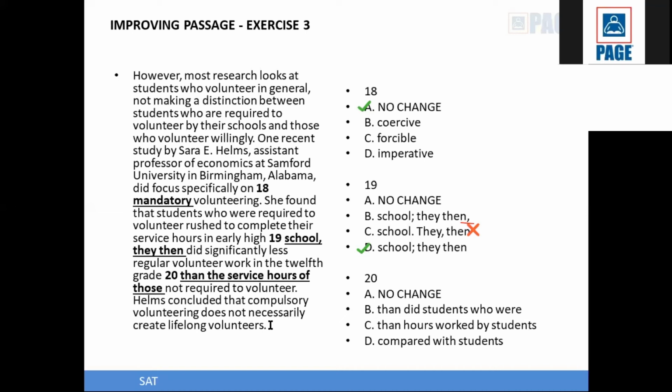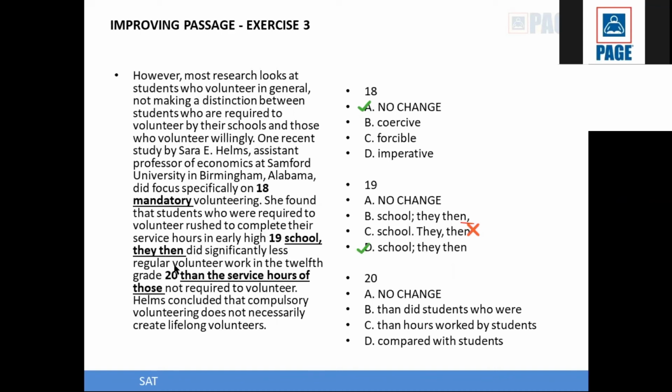It can't be A, because after comma, if you have a pronoun, then the first part itself is a complete sentence. She found, noun, verb, so subject, predicate, everything is there. Second one also, verb is there, noun is there, that is pronoun. So there should be a semicolon or a full stop, but in full stop we can't have a comma, so we eliminate C. So semicolon should be there. So B and D. B has got a comma, we don't need a comma, so answer is D.